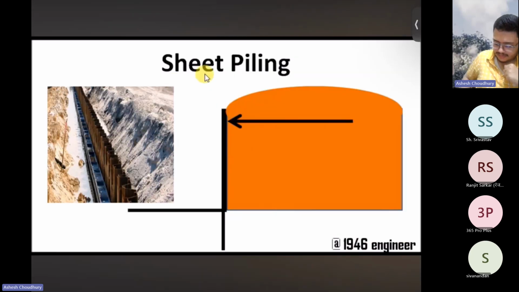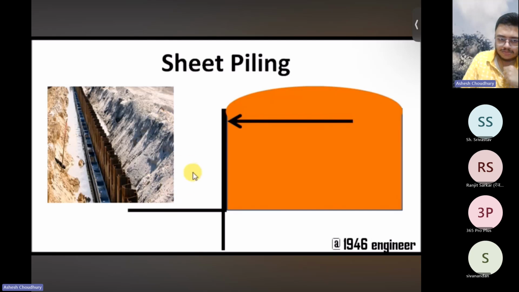So, what is sheet piling? It is nothing but sheets of steel. The sheets of steel are driven into the ground to prevent the backfill entering into the excavated portion. It gives stabilization to the backfill. See, this is the place where we need to do construction.